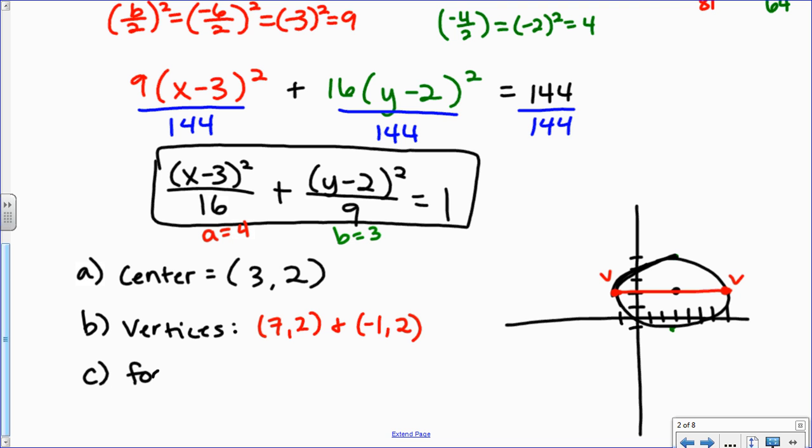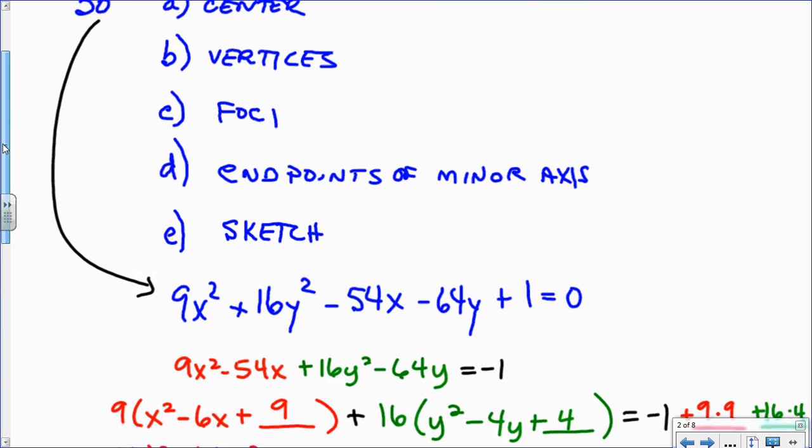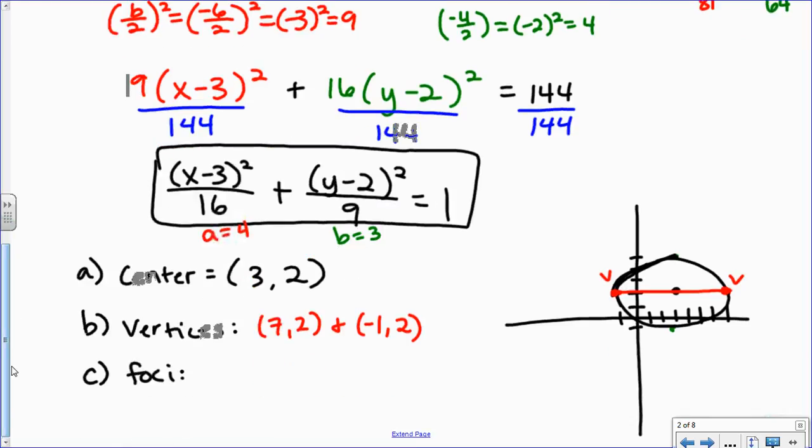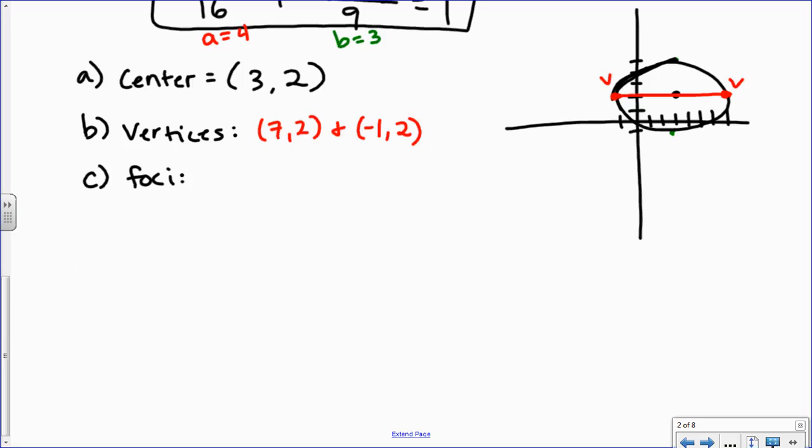I think foci was next. Yeah. Okay, so for foci, we need to use our equation, a squared minus b squared equals c squared. Remember, we use absolute value because it can't be negative.